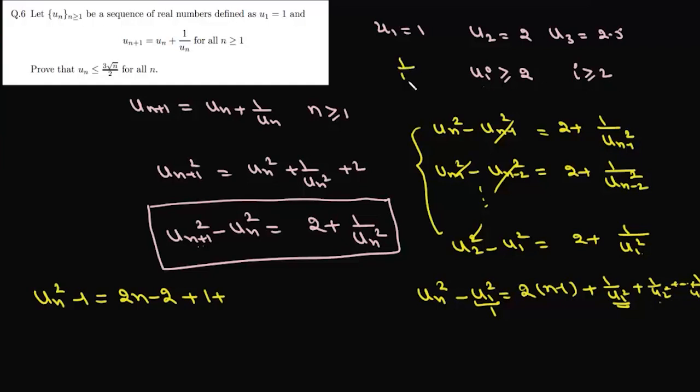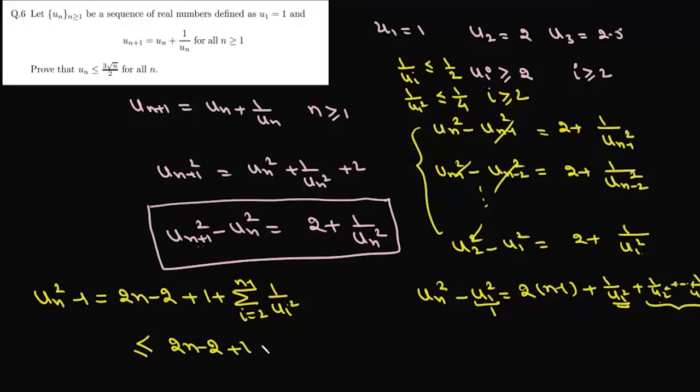So 1 upon Ui will be less than or equal to 1 upon 2, or 1 upon Ui square will be less than or equal to 1 by 4 for any i greater than or equal to 2. So for all these terms from 2 to n minus 1, this summation, i varies from 2 to n minus 1, 1 upon Ui square, will be less than or equal to, now this is 2n minus 2 plus 1 and plus 1 by 4, 1 by 4, 1 by 4, n minus 2 times.